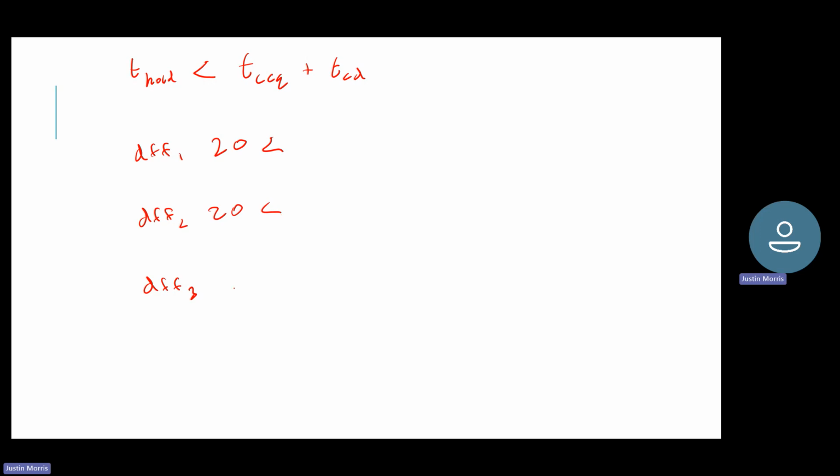T hold needs to be less than T contamination clock to Q plus contamination delay. So D flip-flop 1 is 20, flip-flop 2 is 20, flip-flop 3 is 200.